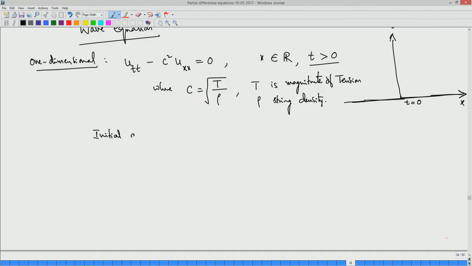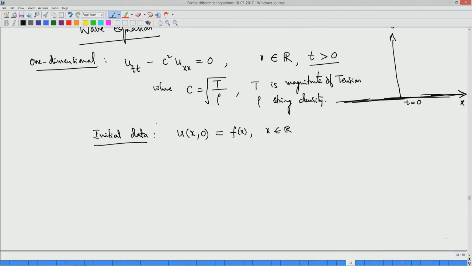You do not call it boundary data because this does not correspond to the spatial variable x. So you have initial data u(x,0) given as f(x) for every x belonging to R, which is the displacement of your string at time t equal to 0.